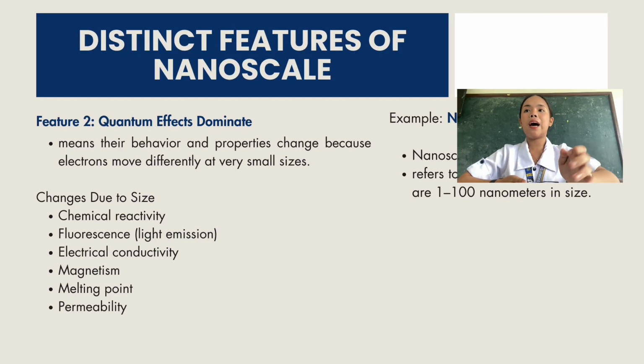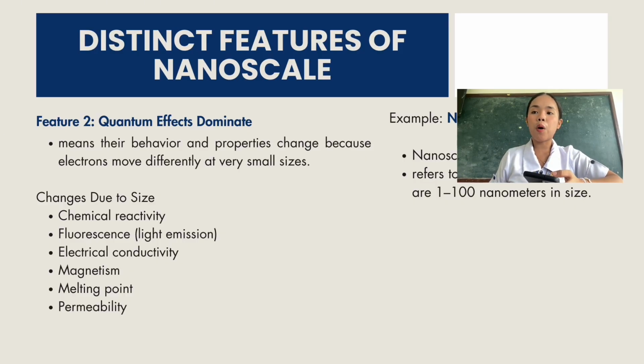Next, we have the distinct features of the nanoscale. Quantum effects dominate. This means their behavior and properties change because electrons move differently at small sizes. At 1 to 100 nanometers, materials show quantum effects. At the nanoscale, materials show changes in chemical reactivity, fluorescence, electric conductivity, magnetism, melting point, and permeability.